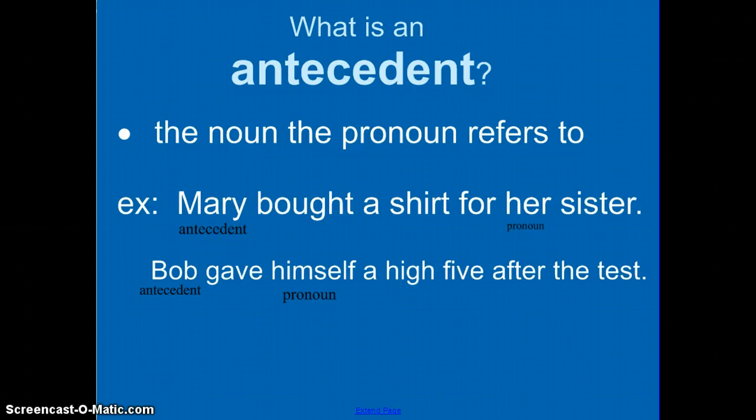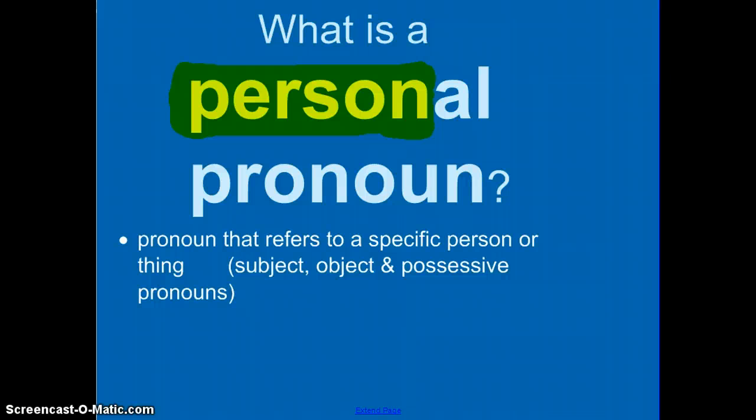The next part of the notes has to do with personal pronouns, and it encompasses the next three types. Subject pronouns, object pronouns, and possessive pronouns are all considered personal pronouns. And I have the word person highlighted here to help you remember or make a connection between the fact that we're talking about a specific person or thing when we talk about these pronouns.